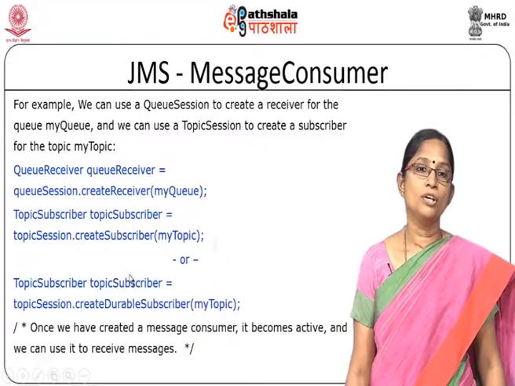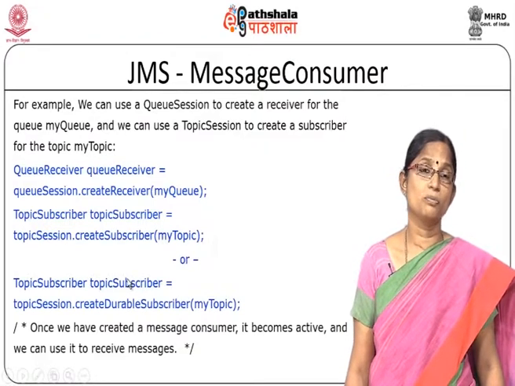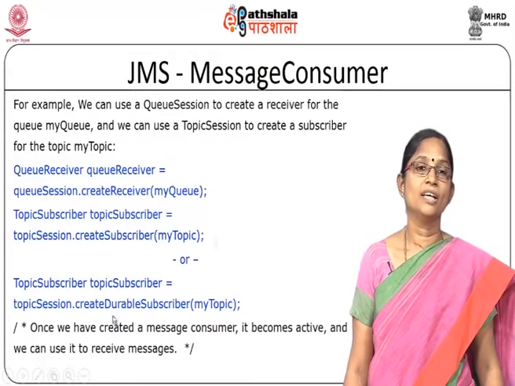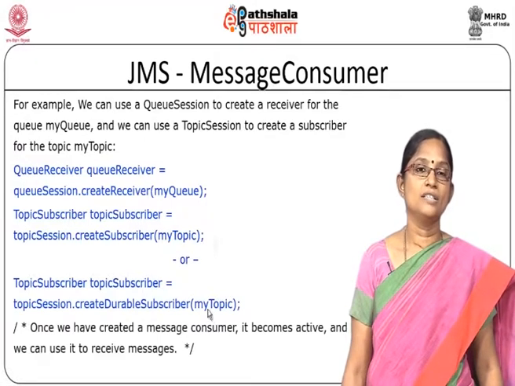Suppose we want to create a durable subscriber, which may last for a long time, then we can call the method create durable subscriber instead of create subscriber. Once we have created the message consumer, it becomes active and ready to receive the messages. So, these are the two message consumers, following either the topic or the queue.